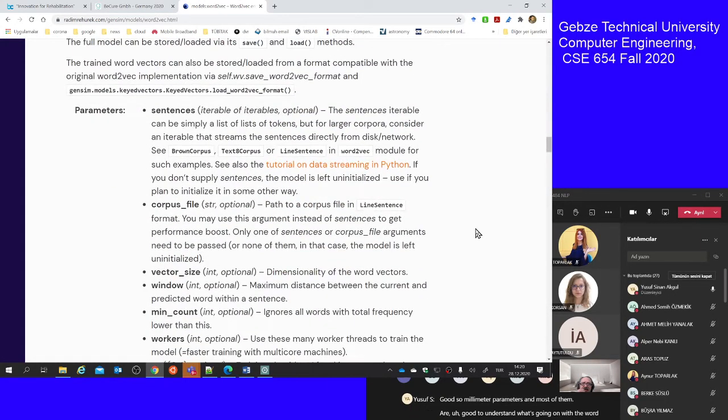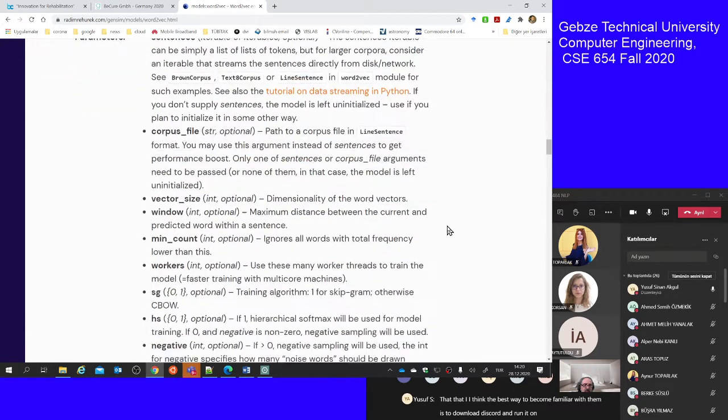Some of them are about vector sizes, some are about alpha, how we optimize stuff. Selman, your question was about negative sampling sizes, and there are many other details of word2vec. I think the best way to become familiar with them is to download this code and run it on your own corpora.